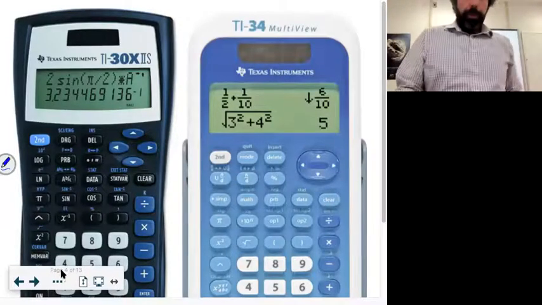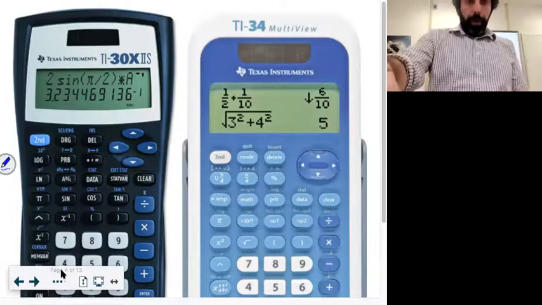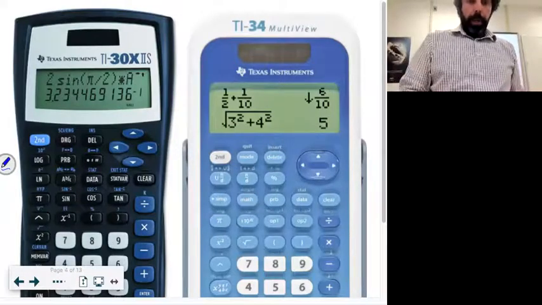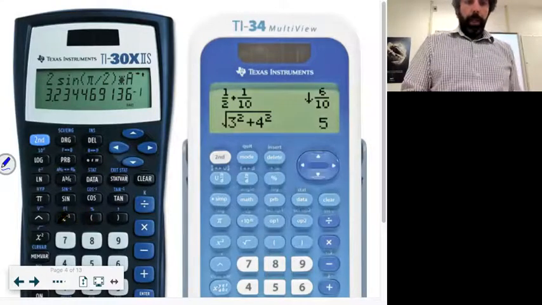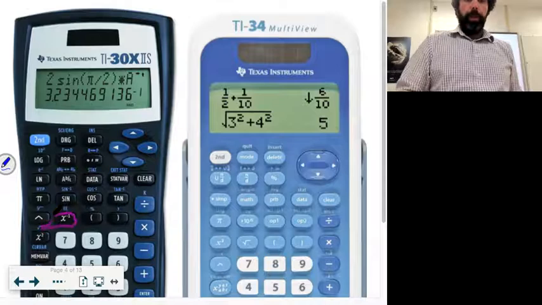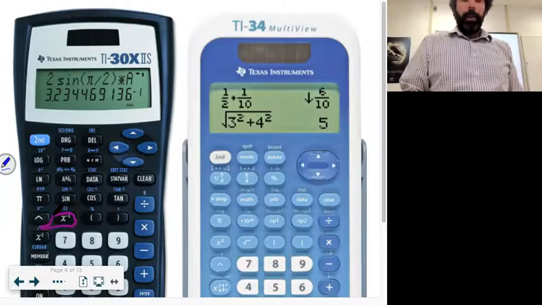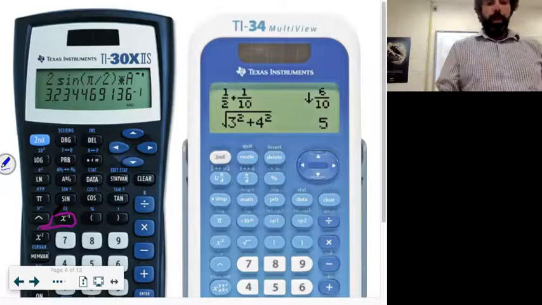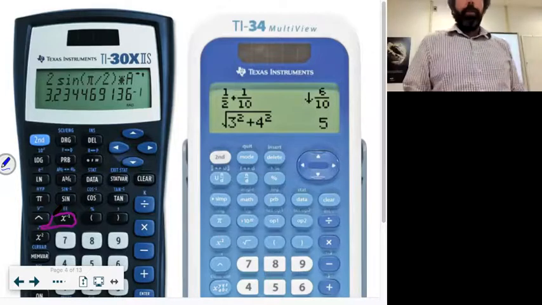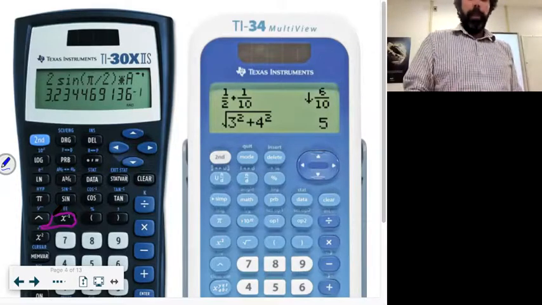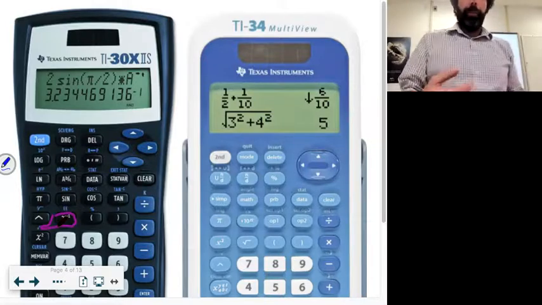On the first one, on the left, the reciprocal key is right here. It's this button, x to the negative first. That's the reciprocal key. You can just take the tangent of 165 and then hit that button and it'll do the calculation for you.